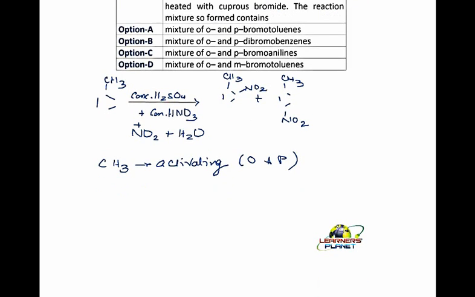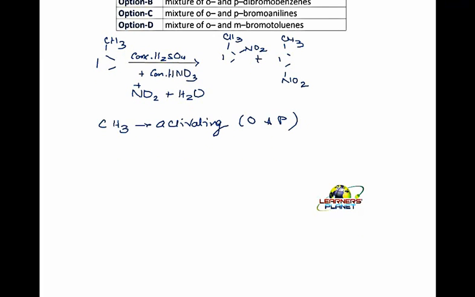So which will undergo reduction, students, here? Your NO2 group will reduce to NH2, right? So I'll write both the reactions, that will be better. So this is it. Now we have got this. Here it's CH3, there is NO2, then here is again CH3, and we have got NO2.